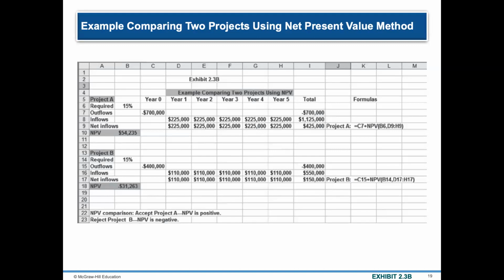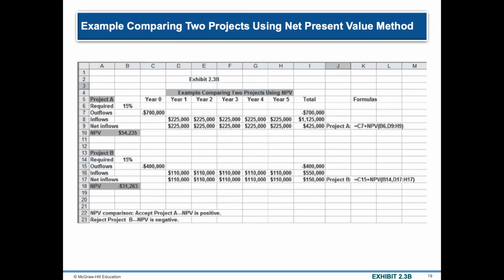All right. So for Project A, we have a positive NPV. Now let's take a look at Project B. We have already established that the required rate of return for the specific project is 15% to be accepted. Project B requires a shell out of 400,000, and in exchange, this project brings the company an annual cash inflow of 110,000 for the next 5 years.